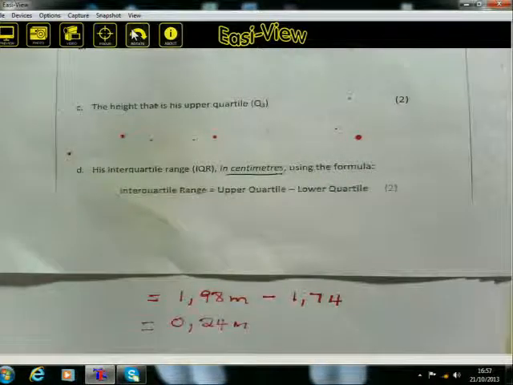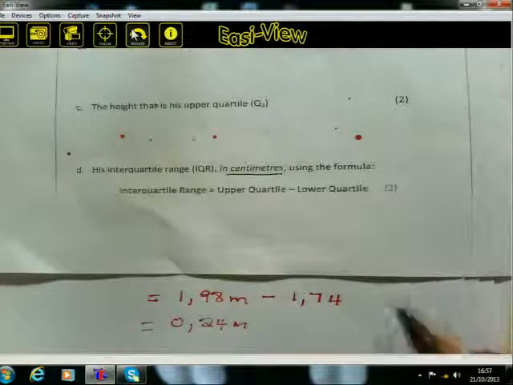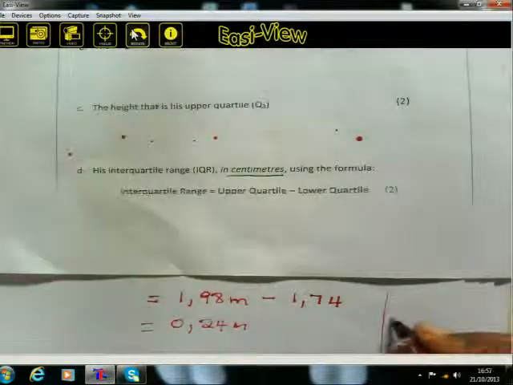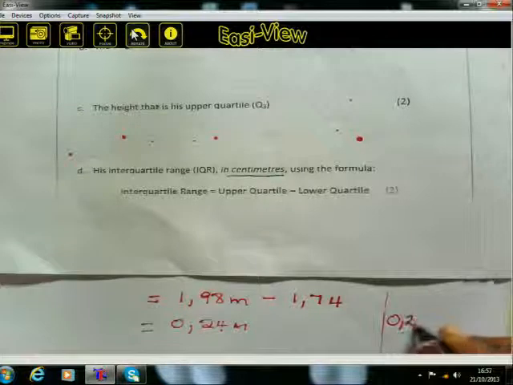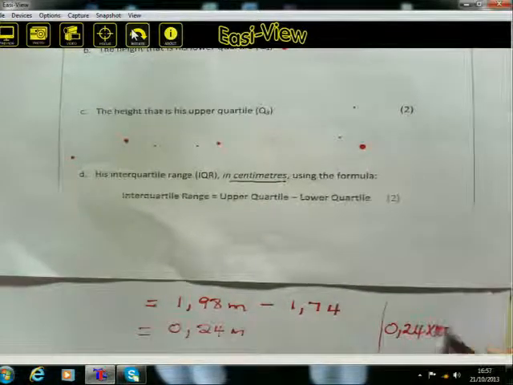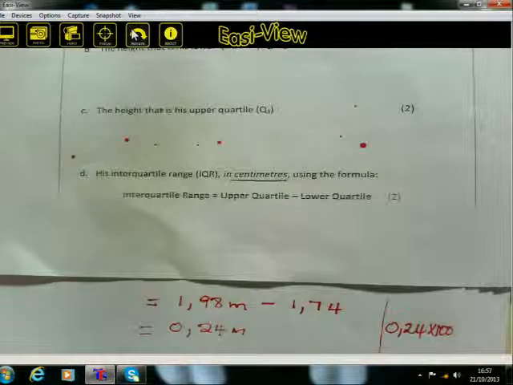By 100. So let us go back to where we were writing things. You can give yourself a space there. Then you can say 0,24, you multiply it by what? By 100. Let us multiply it by 100.